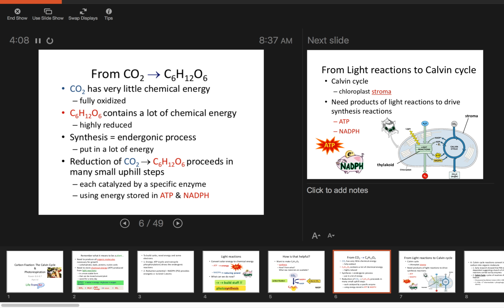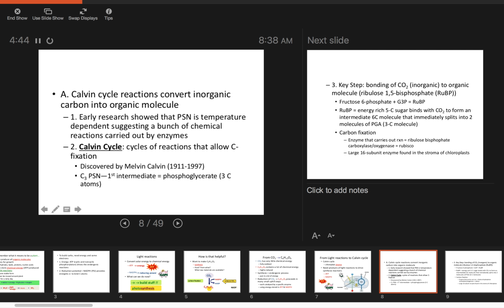And so this is the Calvin cycle, cycles of reactions that allow carbon fixation, discovered by a guy named Melvin Calvin. You can't make that up. What he did was he first noticed this first intermediate molecule and then how it got changed through a series of reactions. And so they named the cycle after him.